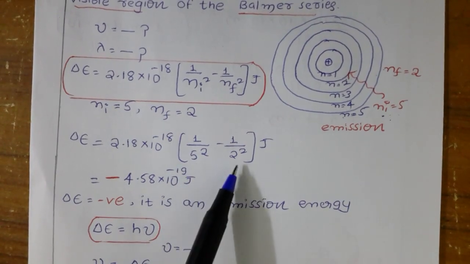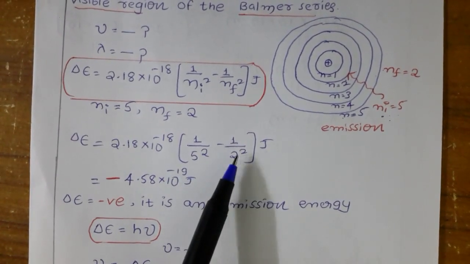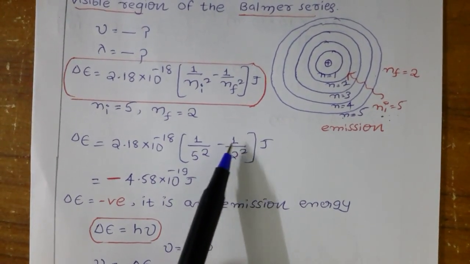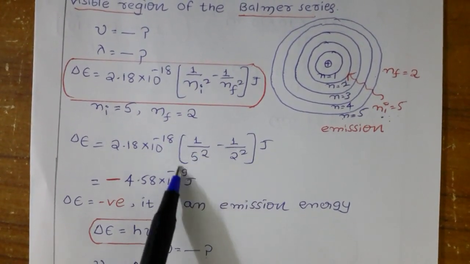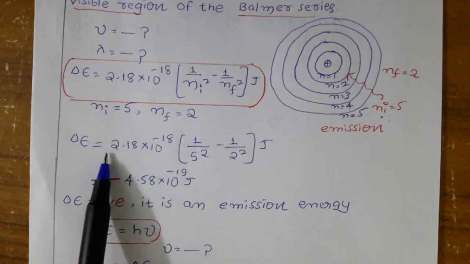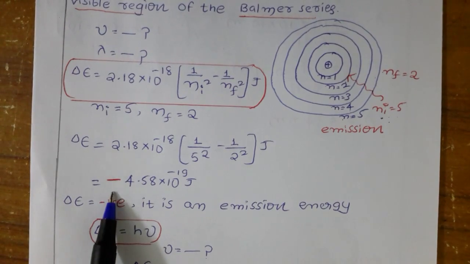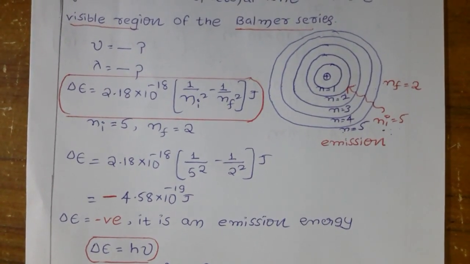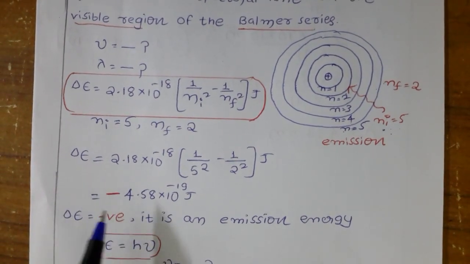Now if you go for the simplification, we have 25 and 4, so you go for the LCM. This value is negative, isn't it? Because the minus value will be more, so definitely the total term in the parenthesis becomes negative. Negative multiplied with the positive gives a negative value. So without doing the calculation also you can tell the delta E value should come negative. Why?